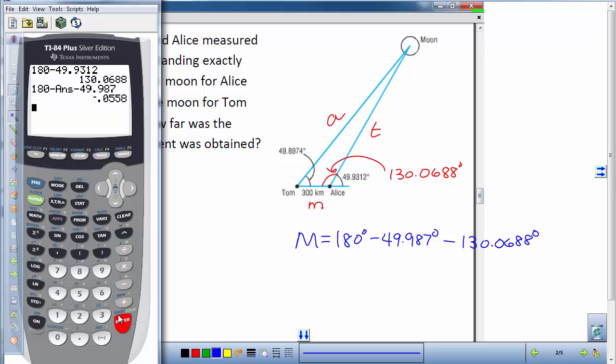Okay, let's see. We might need that. That might make the difference. Oh, now I've got to do the whole thing. Okay, 180 minus 49.8974 minus 130.0688. Okay, 0.0338. So we were both slightly off.